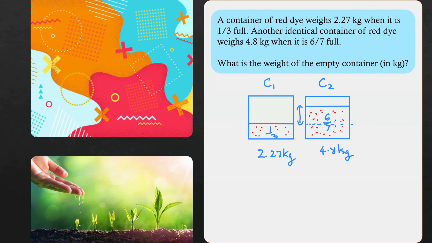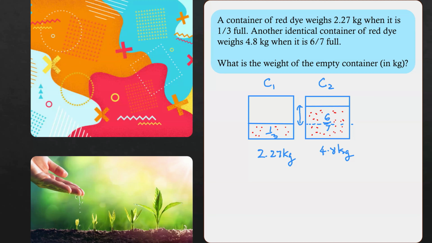Now, also because we know how much of the container has been occupied, we can find the difference in terms of the volume of the dye inside as well. Now, that will help us to solve the problem. Okay, so the calculation is something like this.